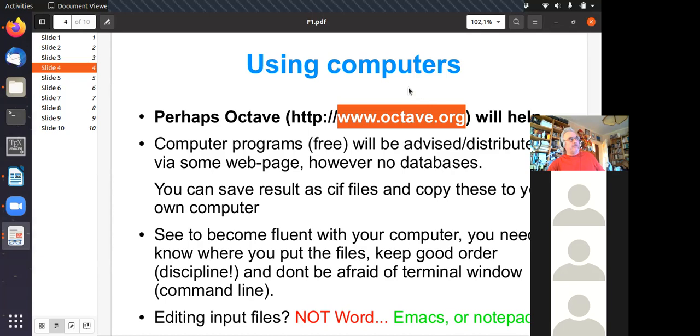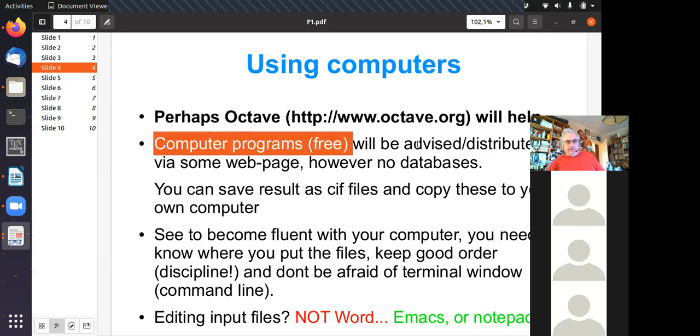But you need to visit a storage area called GitHub, and there is information on a wiki at octave.org. Computer programs we will add to the Box area or Dropbox area.